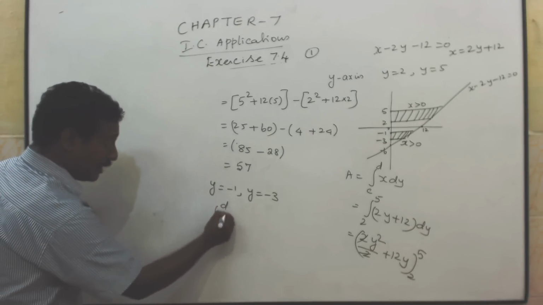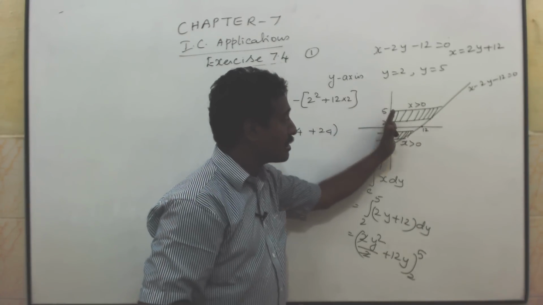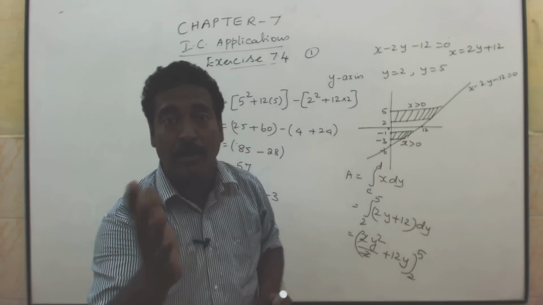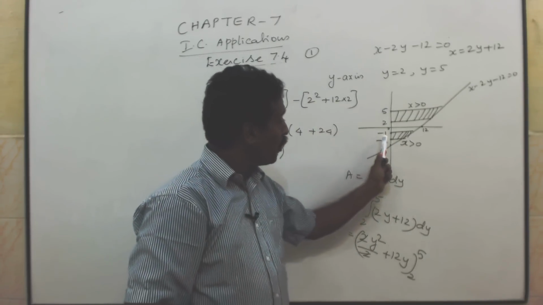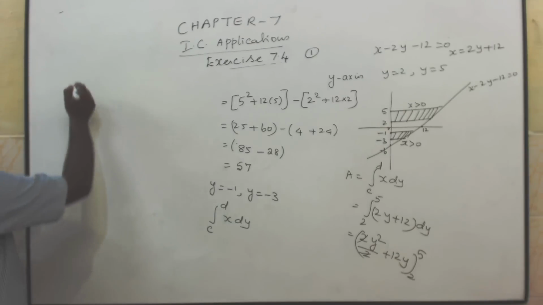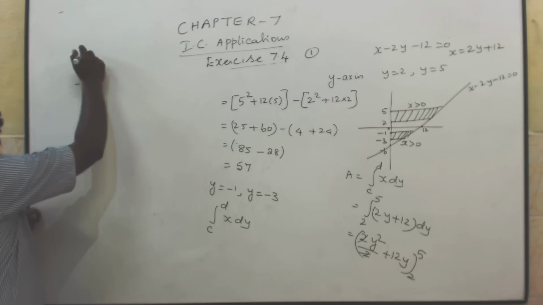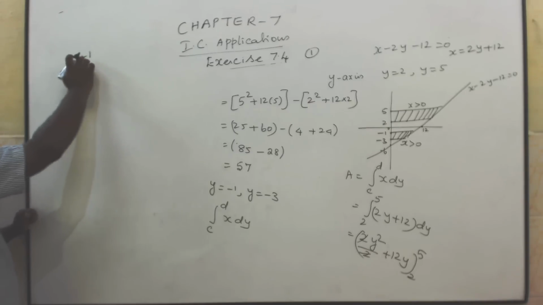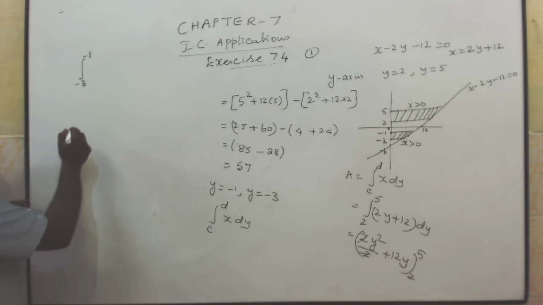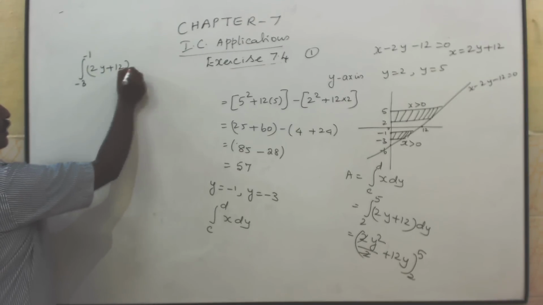So integral c to d plus x dy only. Minus x dy is not here below; it is not the x axis, it is the y axis, to the right of y. What is the limit? Not -1 to -3, it is -3 to -1. Lower limit is below, upper limit is above. Upper limit is the biggest value, lower limit is the smallest value. So x dy, what is x? 2y plus 12 dy.